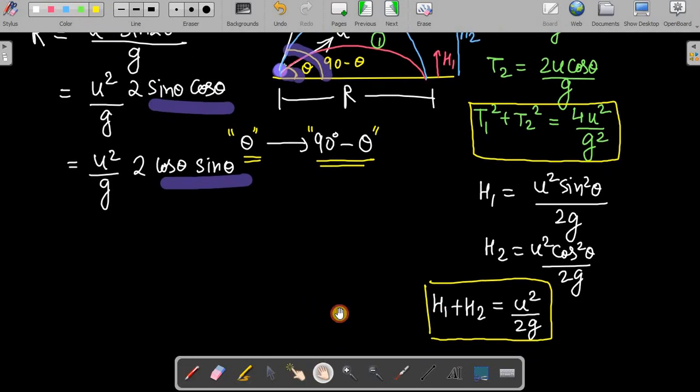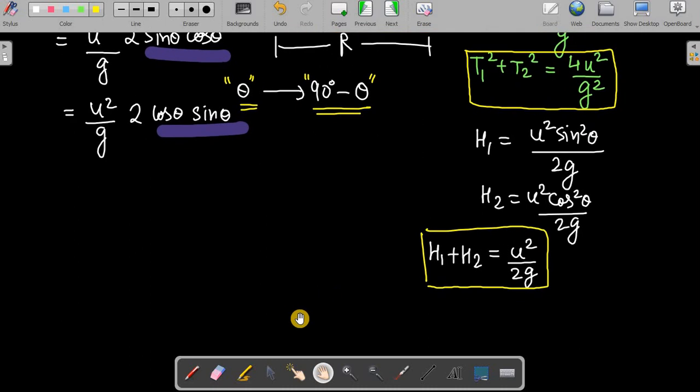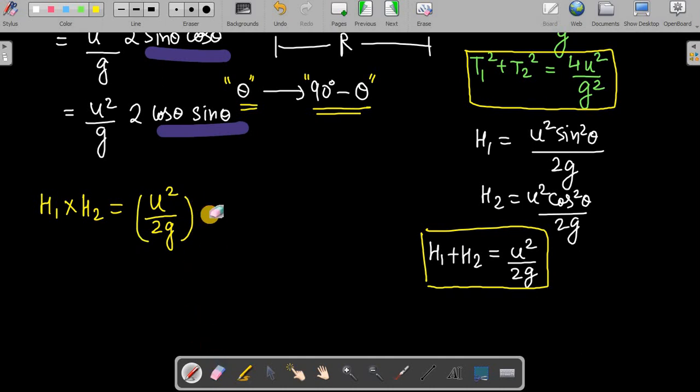Okay. Now it is also important to note that the product can be calculated. If you take the product h1 into h2, what does it come to? You will see u square by 2g whole square will come, and you can bring inside sin theta cos theta. Now you can try to bring it in terms of range.